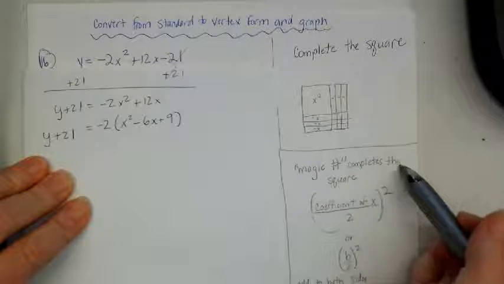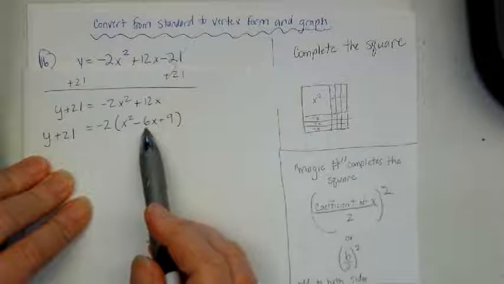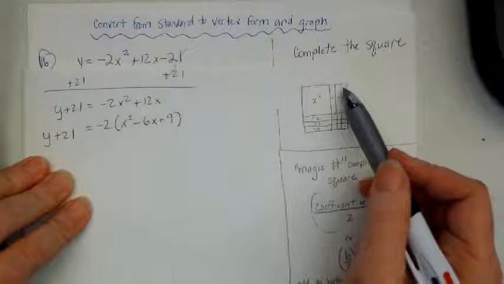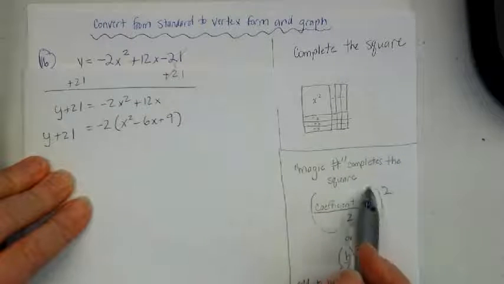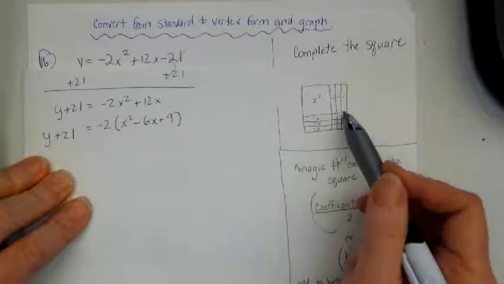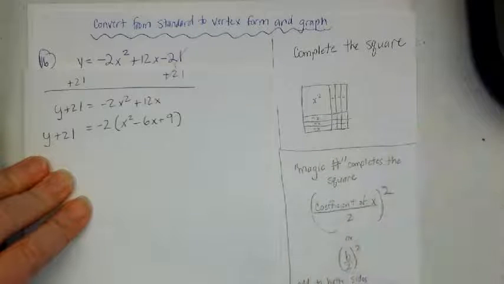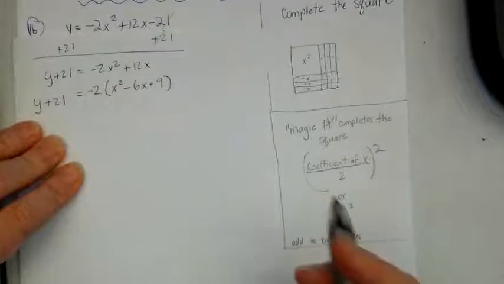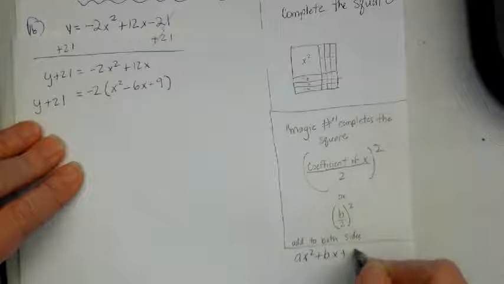Another way to think of that is to take the coefficient of x, which in this case is negative 6, divide it by 2, because remember we had to split it into half here and half here, and then square that. We squared half of the coefficient of x, which is b if you're going ax squared plus bx plus c.